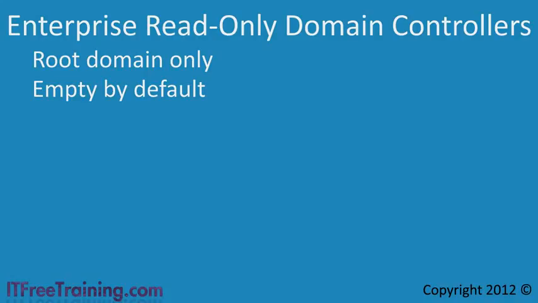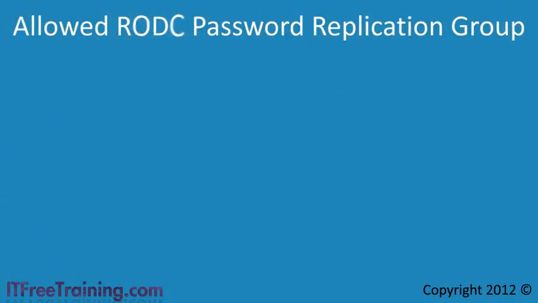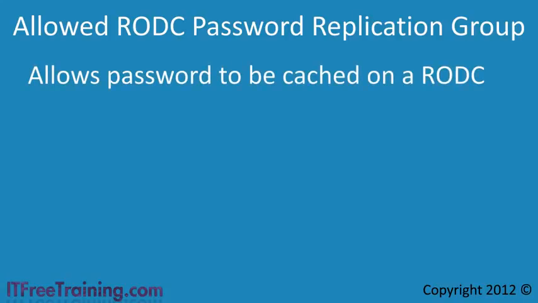The next group is Allowed RODC Password Replication Group. The passwords for the members of this group will be cached on read-only domain controllers. A read-only domain controller does not replicate the password attribute for a user account. This adds additional security because if the domain controller is stolen, the passwords will not be stored on the domain controller.